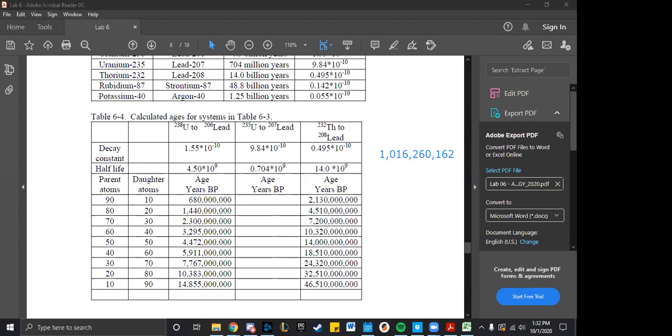So for this first one, for the natural log, it should be 0.105.